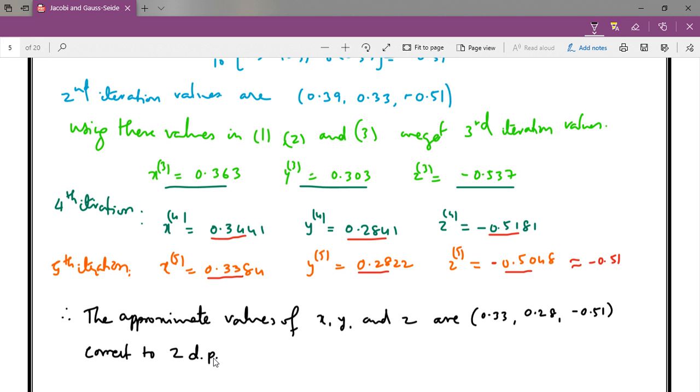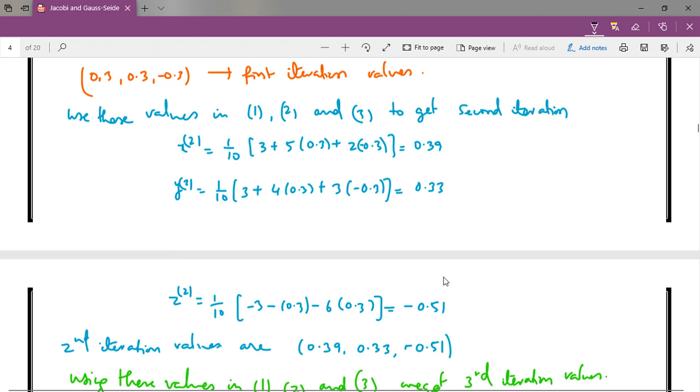Corrected to 2 decimal places we have obtained. If you want up to 3 decimal places or 4 decimal places, we need to continue the iteration process. That's it. Okay, so here we have stopped at the 5th iteration.